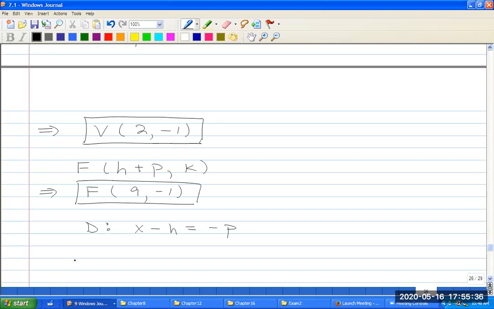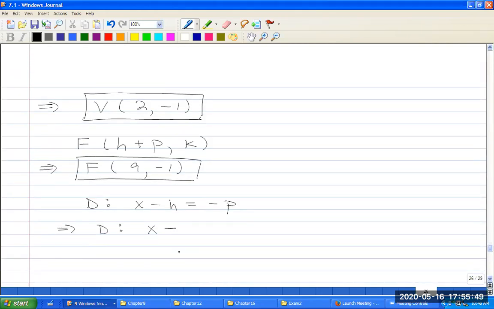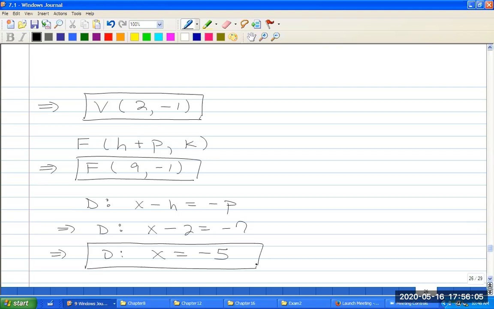So this says that the directrix is x minus 2 equals negative 7. And so the directrix is x equals negative 5. So that's my directrix.